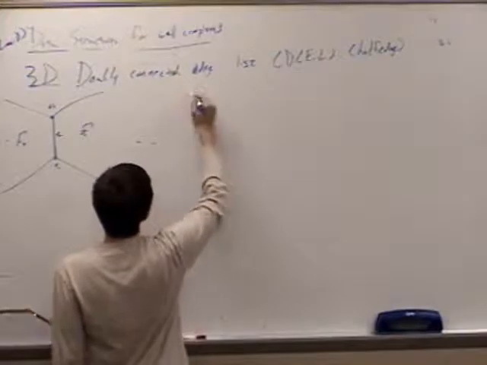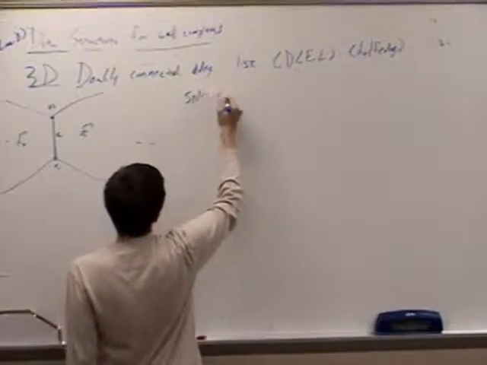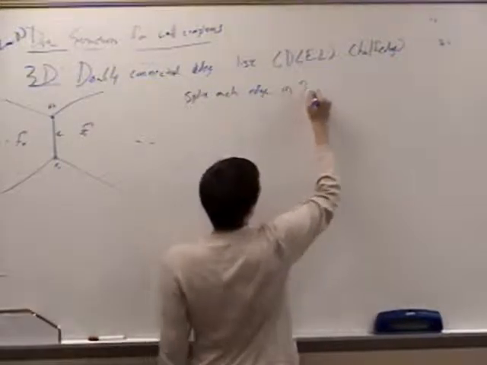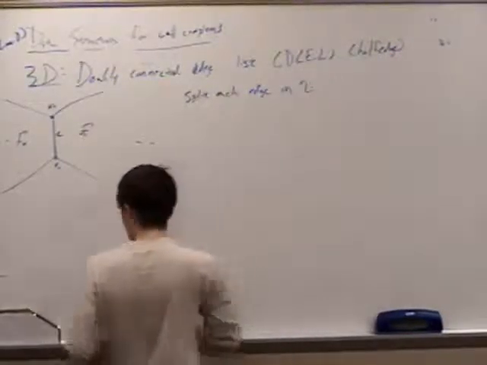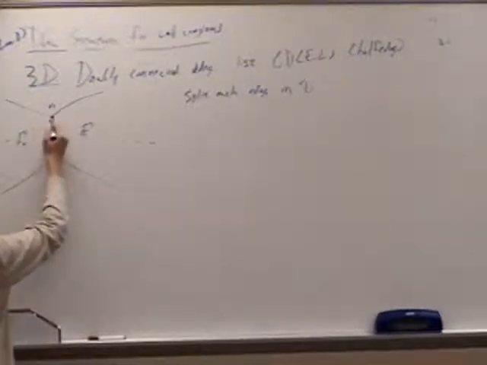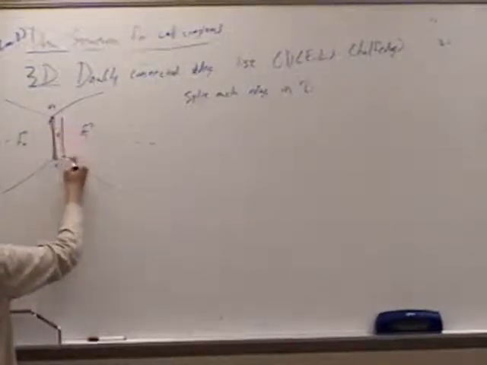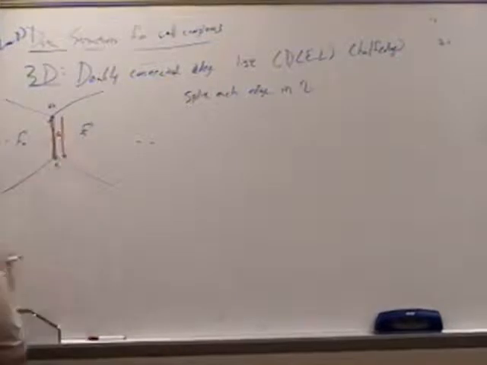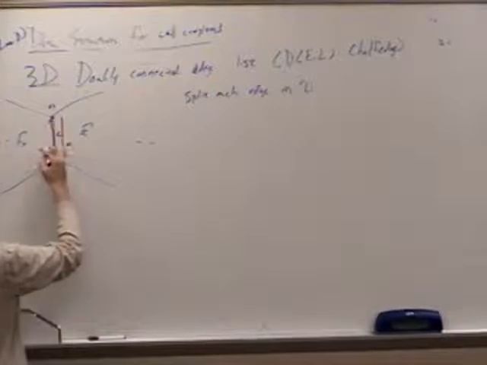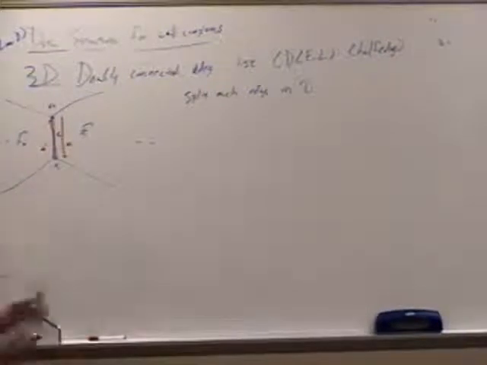The first concept is that we're going to split each edge in two. And the way that this will work is that we're going to draw one half of the edge going this way, and then the other half going here. So we'll label this one E, and we'll call this one E prime for the opposite direction.